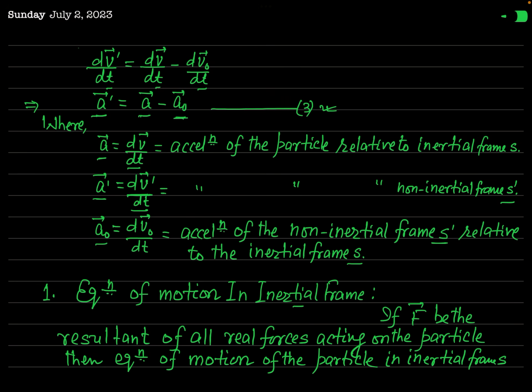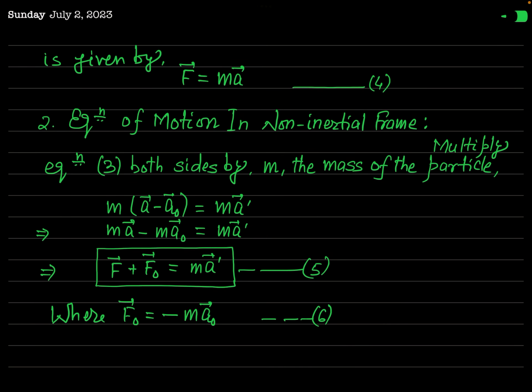Here a is the acceleration of the particle with respect to the inertial frame, and m is the mass of the particle. So when you multiply a by m, you will get the resultant force, the total external force or total real forces acting on the particle, and that will be the equation of motion.